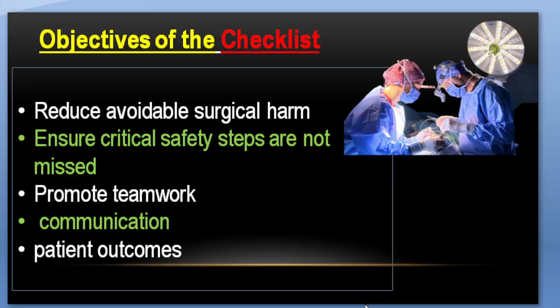It means during a surgery, each step should be followed one by one. Then the next one is to promote surgical teamwork, and to maintain good communication between the surgical team, and good patient outcomes. These are all the main outcomes of the surgical safety checklist.